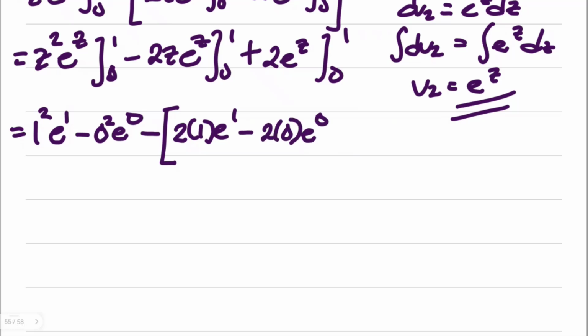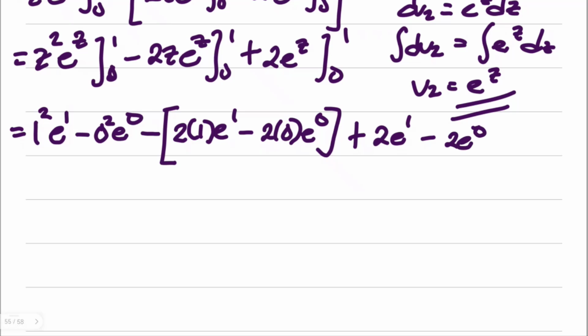We're doing this grouping symbol even if it is clear it will not be included later in the final form, to be consistent with all the processes. Finally, this is plus, no need for a grouping symbol: 2 e to the 1 minus 2 e to the 0.